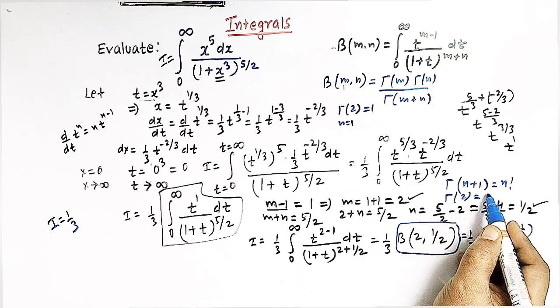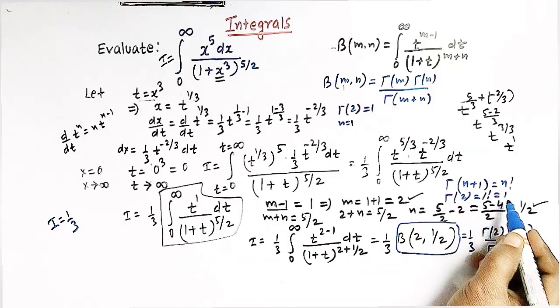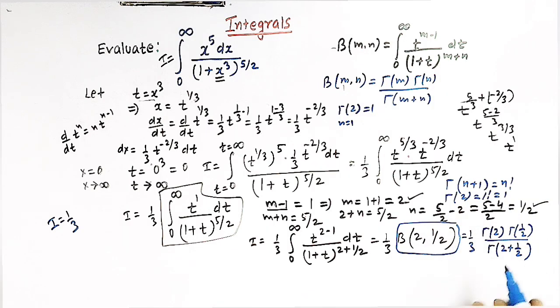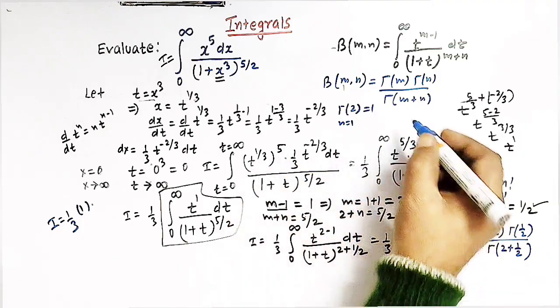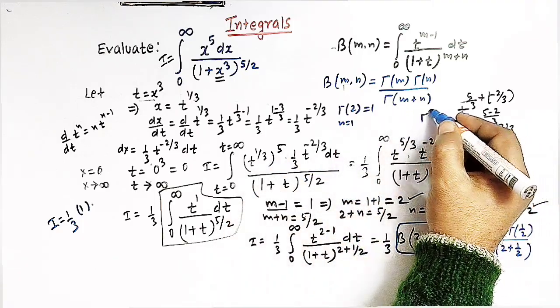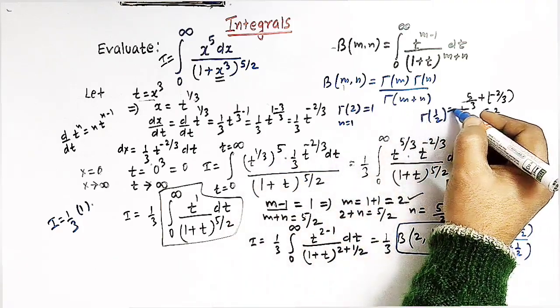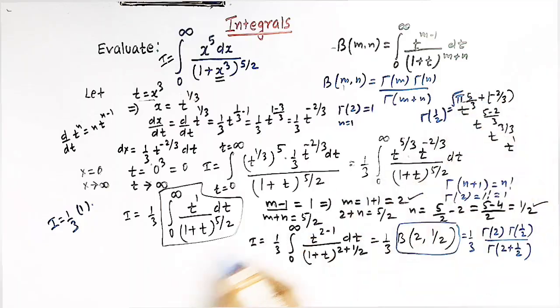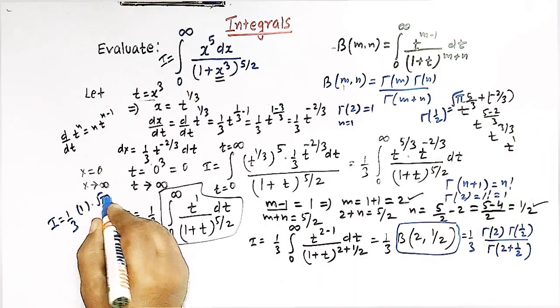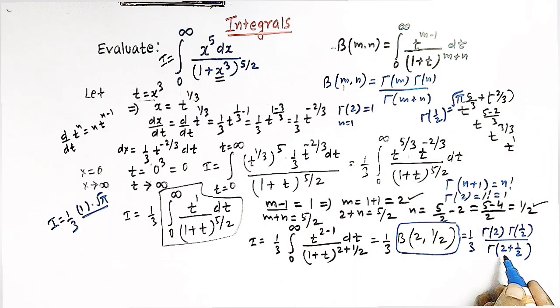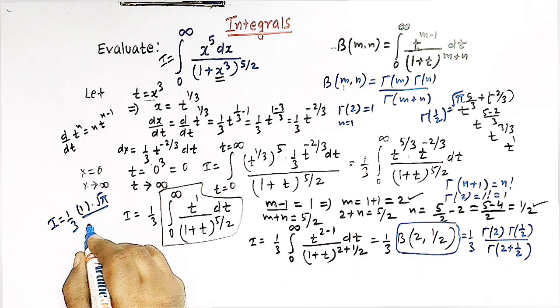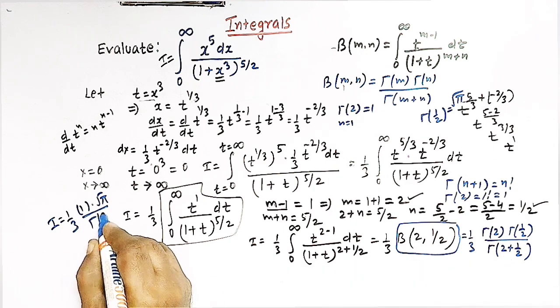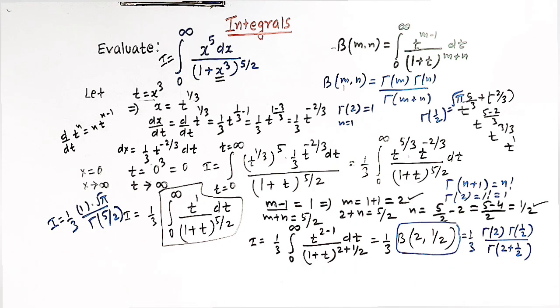So gamma 2 is 1 factorial, that is simply 1, right? And here we have gamma half. So gamma half can be written as square root of pi. So here we have square root of pi, and in the denominator we have gamma of 5 over 2.